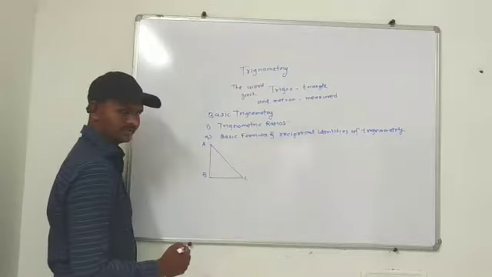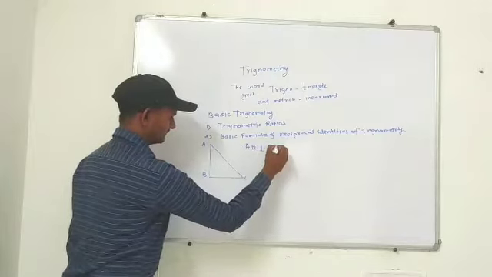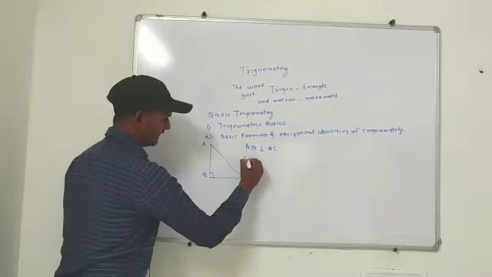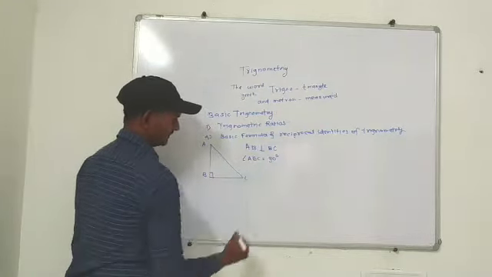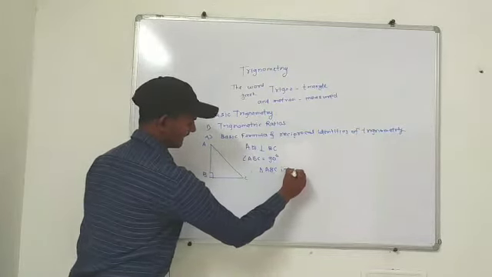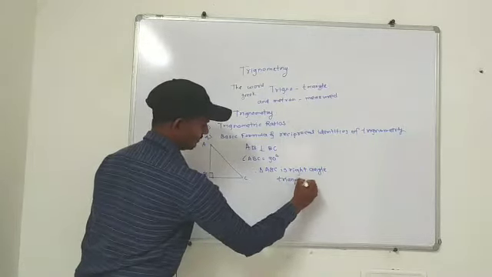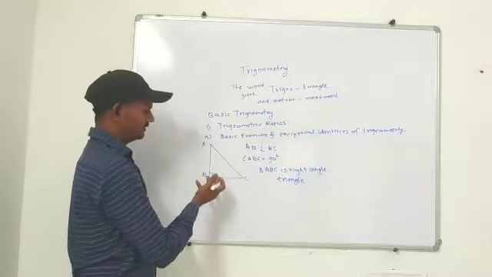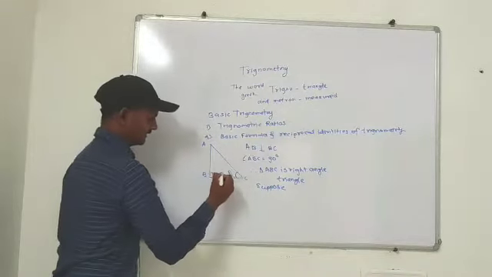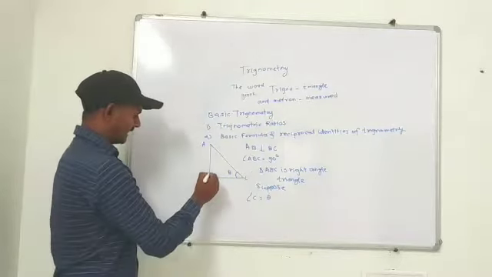In the figure, AB is perpendicular to BC, that is, the height is perpendicular to the base, so angle ABC is 90 degrees. Therefore, triangle ABC is a right angle triangle, and in a right angle triangle we can use trigonometry. Suppose we take angle C as theta. Angle C is equal to theta, right?